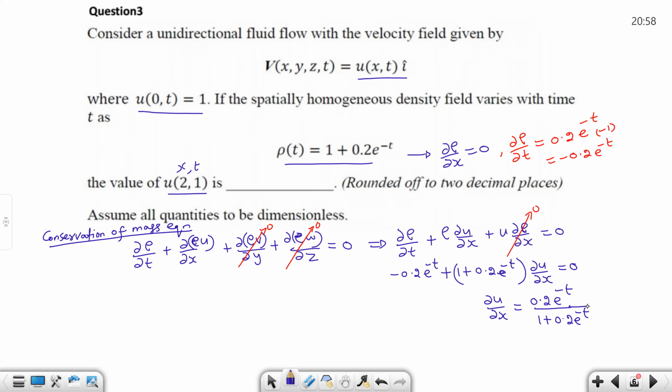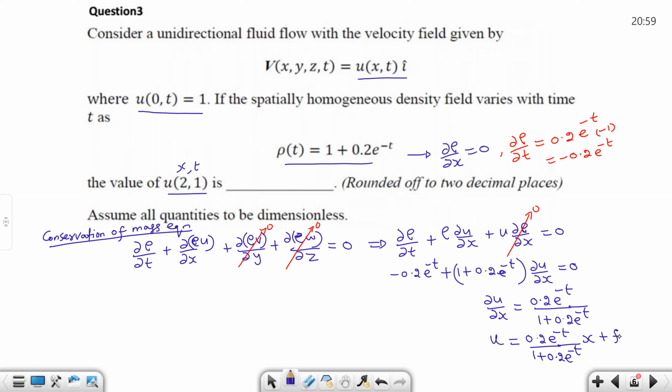So u is a function of x comma t. You will get 0.2 e power minus t over 1 plus e power minus t, into x, plus some function of t, let's say f. Now we substitute the boundary condition u(0, t) equal to 1, x equal to 0.